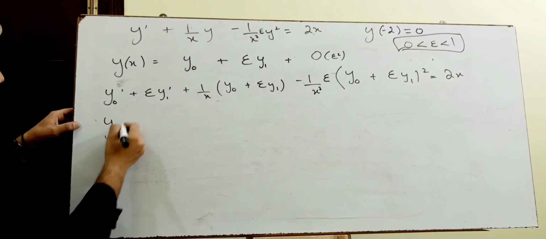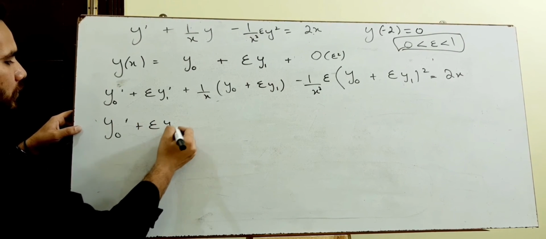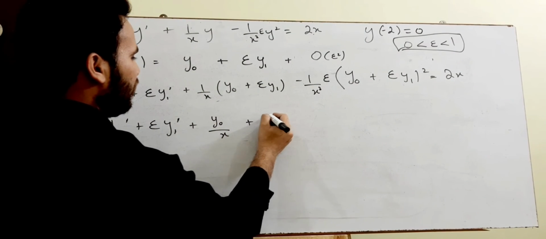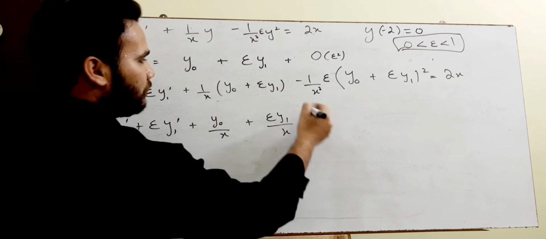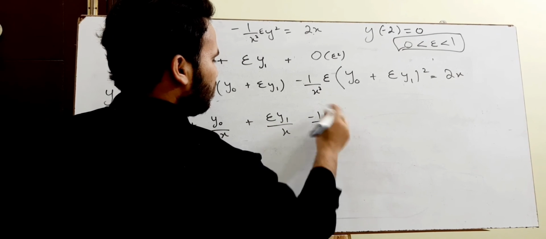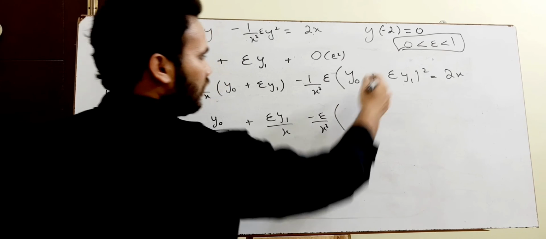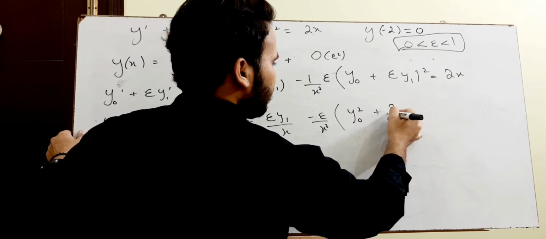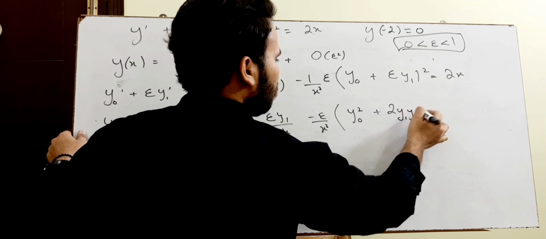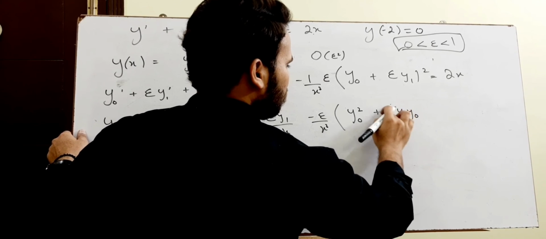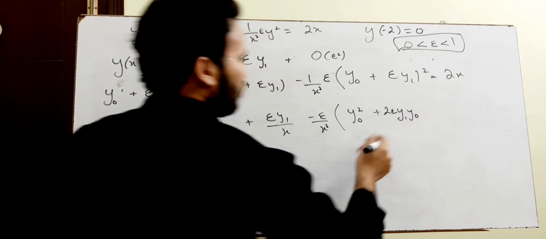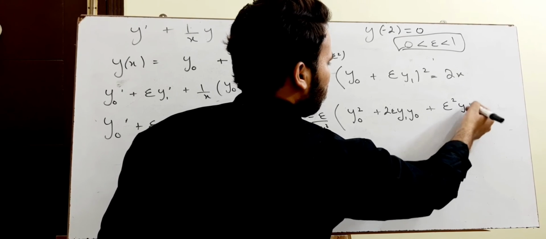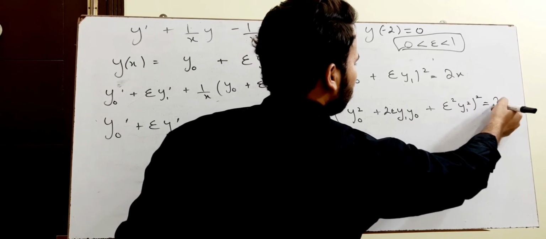So y naught derivative plus epsilon y1 derivative plus y naught over x plus epsilon y1 over x minus 1 over x cube times epsilon, the whole square will be y naught square plus 2 times epsilon y1 y naught plus epsilon square y1 square, equals 2 times x.